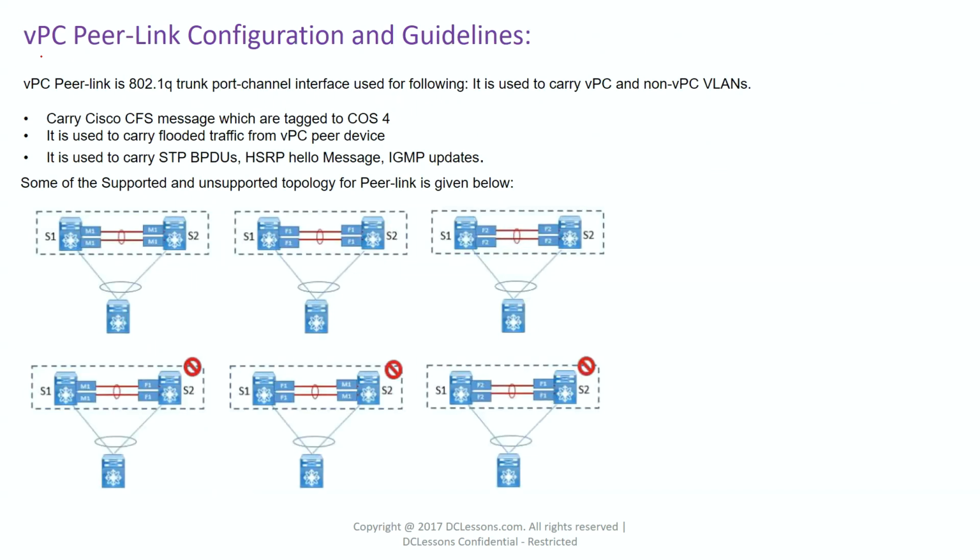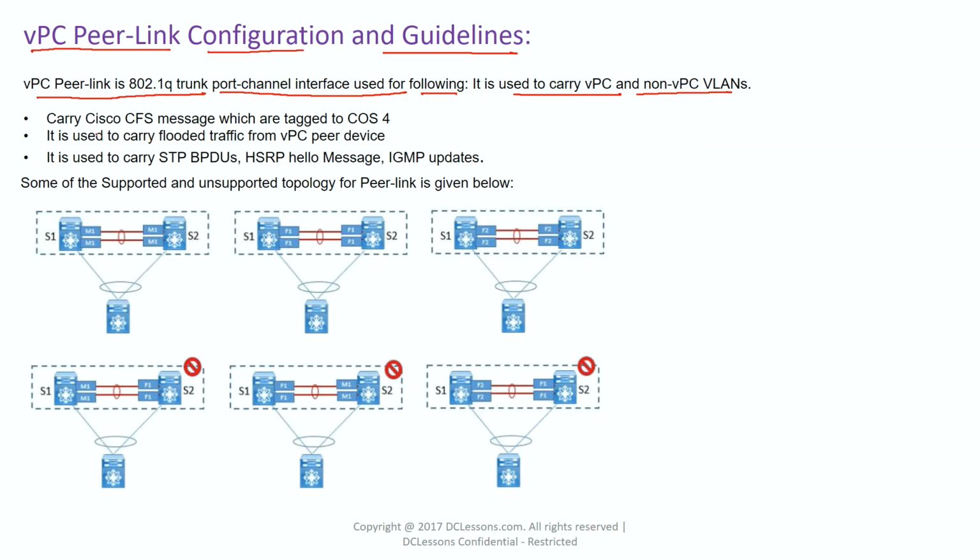Now the third option is the VPC peer link configuration and the guidelines. So VPC peer link is an 802.1q trunk port channel interface, which is used to carry VPC and non-VPC VLANs. They are used to carry control plane traffic. They are used to carry CFS protocol traffic, right?